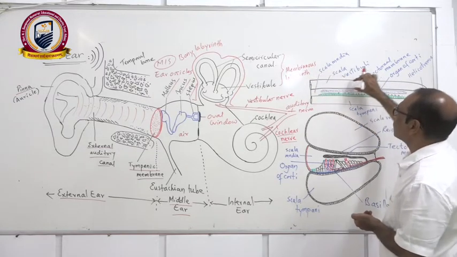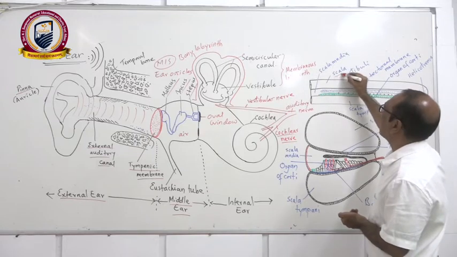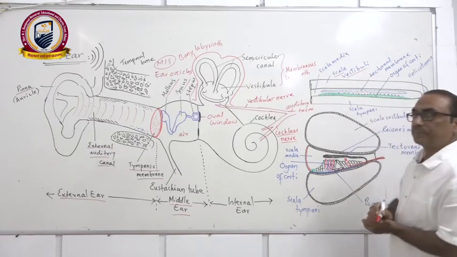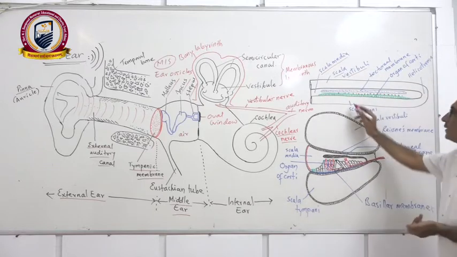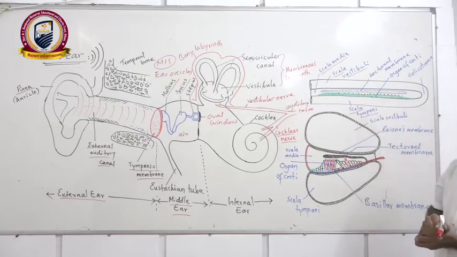The upper one is called the scala vestibuli, the middle one scala media, and the lower one is called the scala tympani.